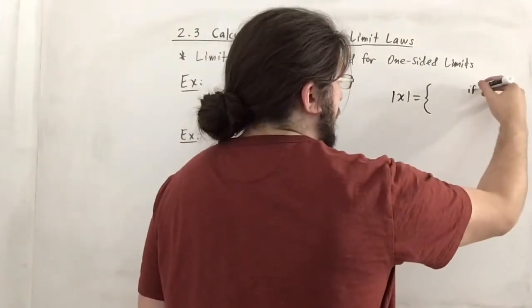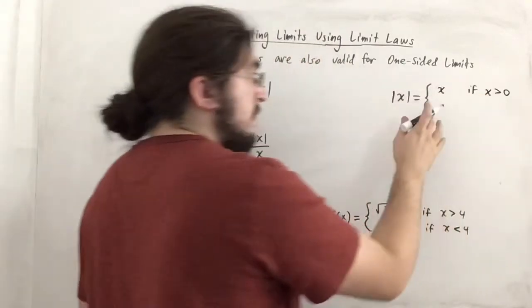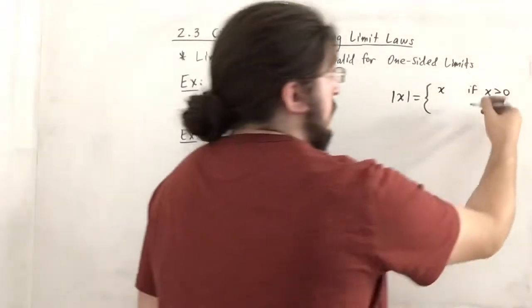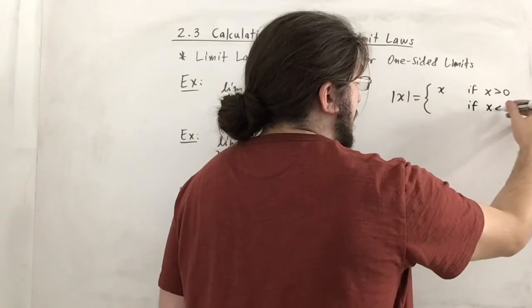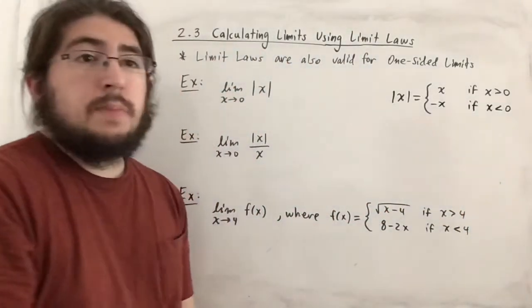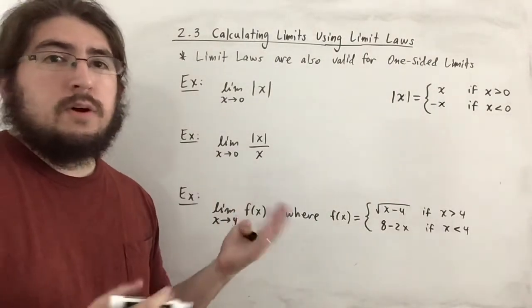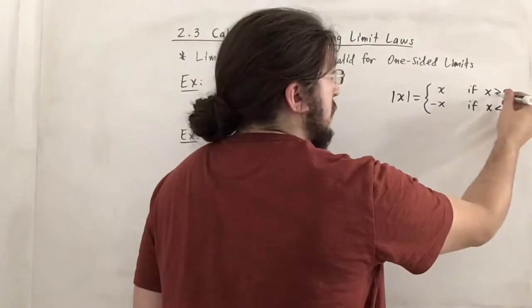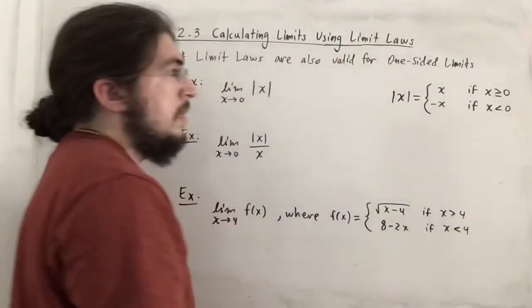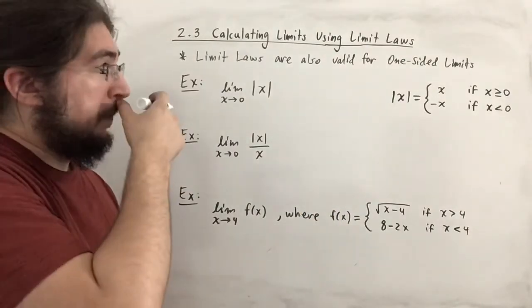So if x is positive, then the absolute value of x is that number itself. But if x is negative, then you remove the negative, and one way to do that is by multiplying by negative, which makes it positive. And when x is 0, the absolute value of 0 is 0, so we can put an equality in this one, and that works out. So absolute value of x really is a piecewise defined function.